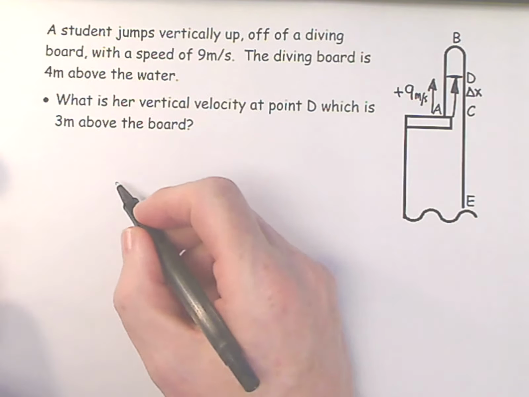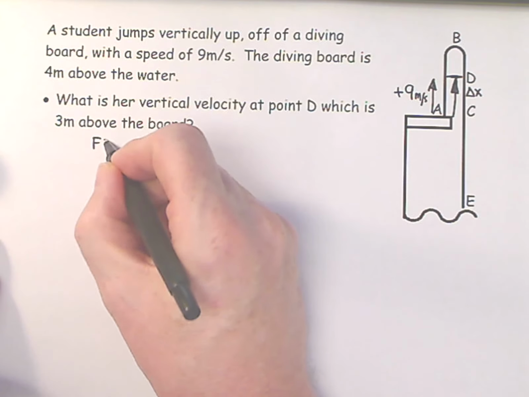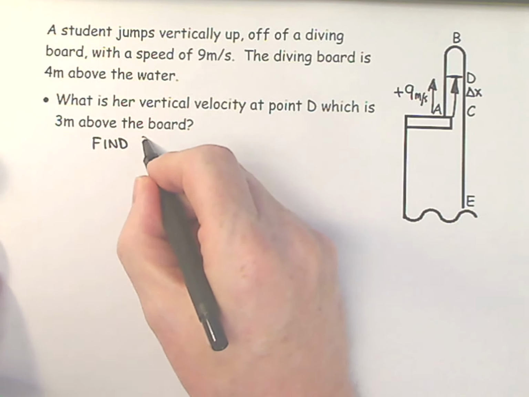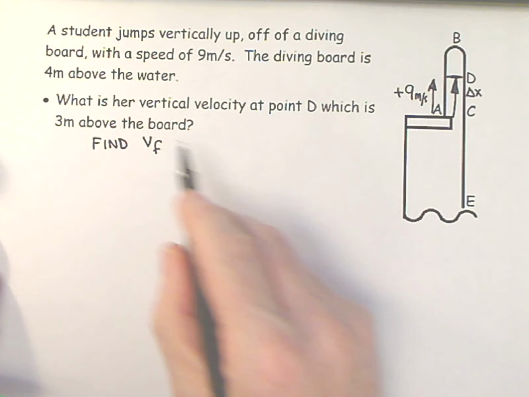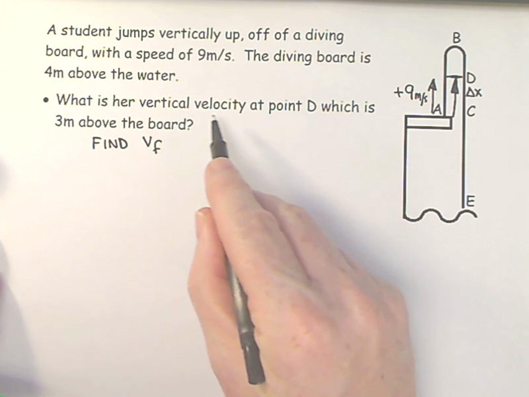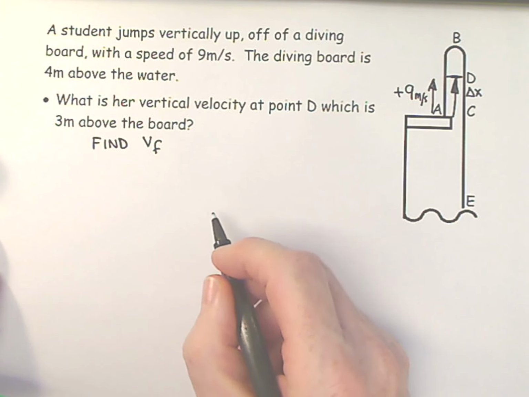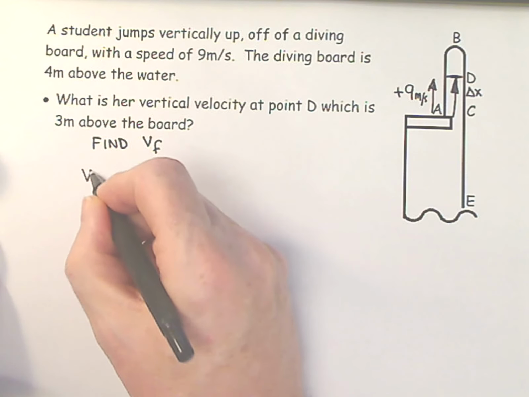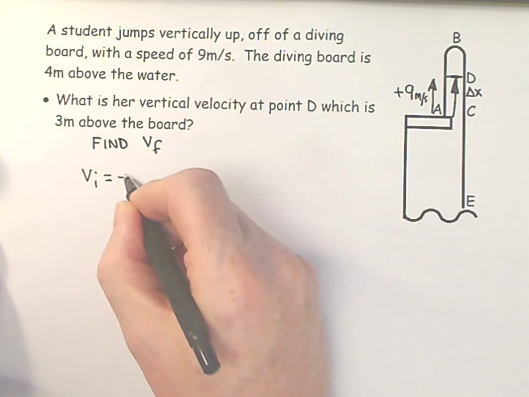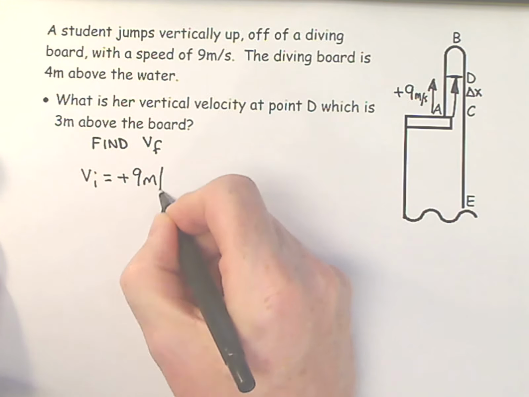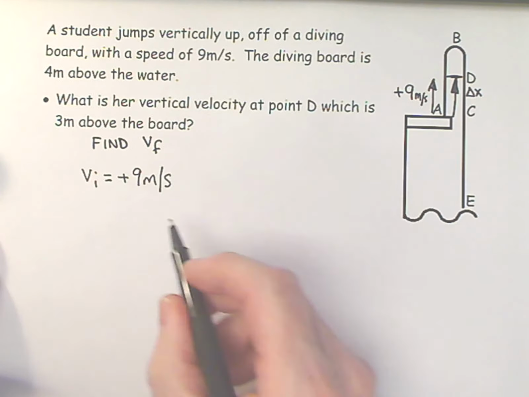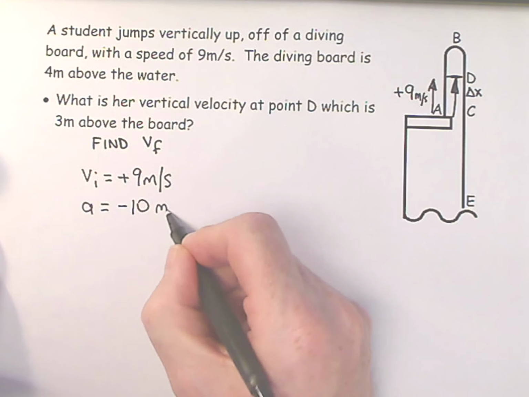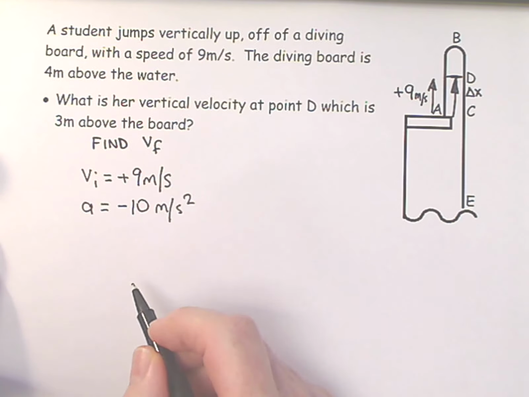So I can say find VF. What is the vertical velocity at point D? Find VF. Let's make our list. We can say VI is equal to plus 9 meters per second. We can say that acceleration, of course, is minus 10 meters per second squared.